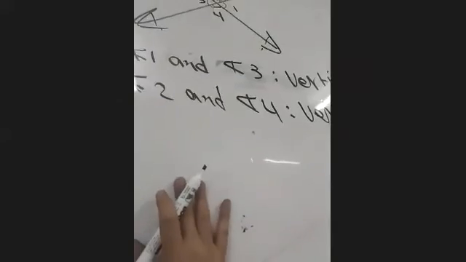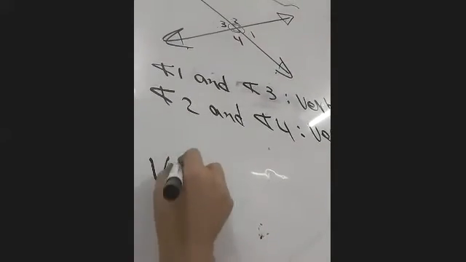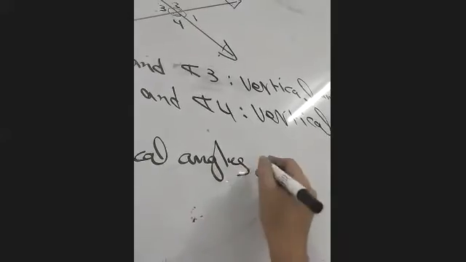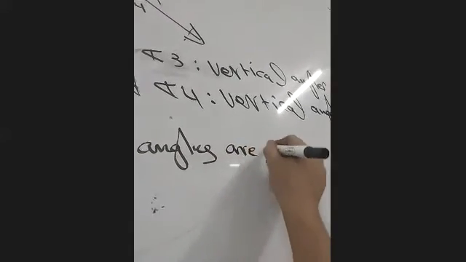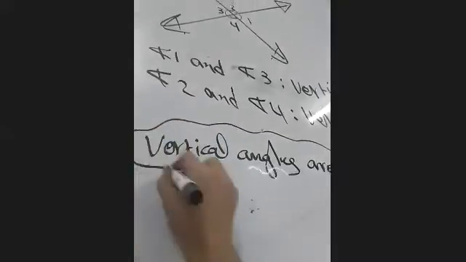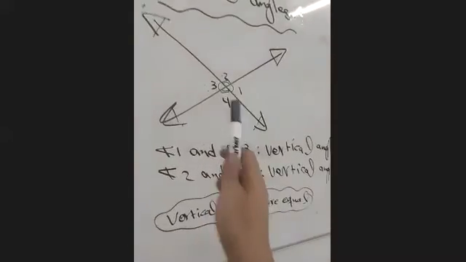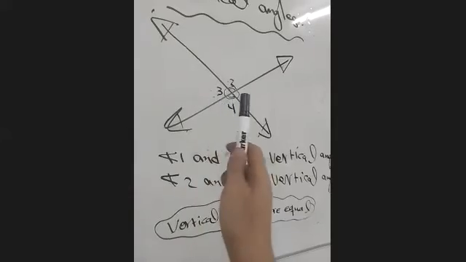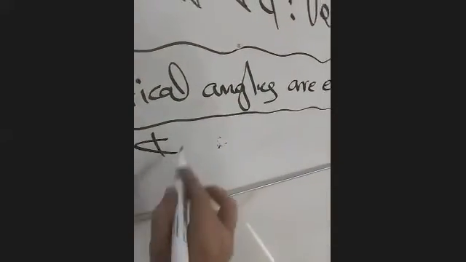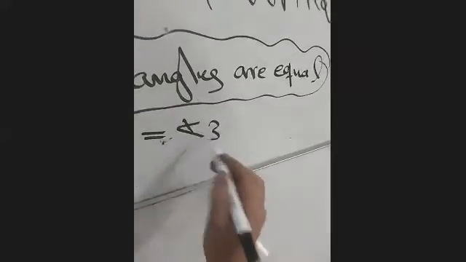Look here, guys. Focus here with me, it's an important note. Vertical angles are equal. Are what? Equal. Means angle 1 and 3, they are vertical, so angle 1 equals angle 3 in measure.